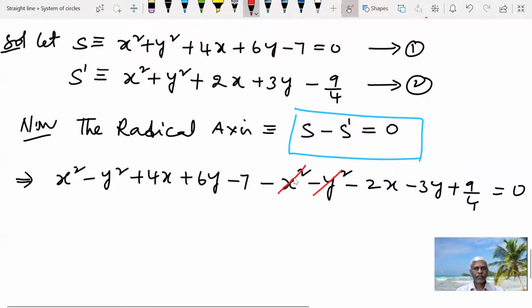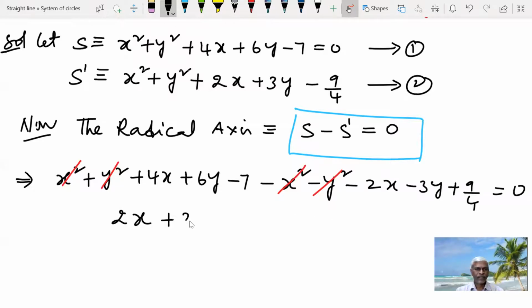So x square and y square will get cancelled, and 4x minus 2x, 6y minus 3y, minus 7 plus 9/4.